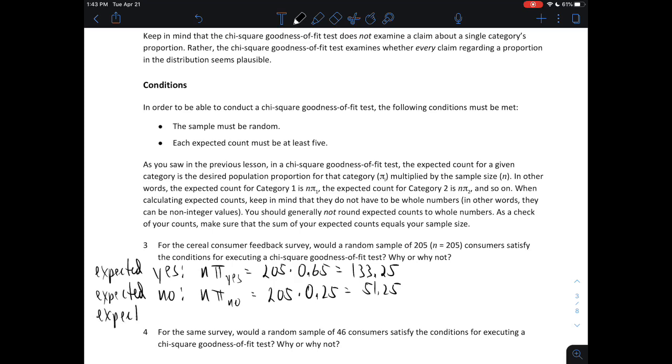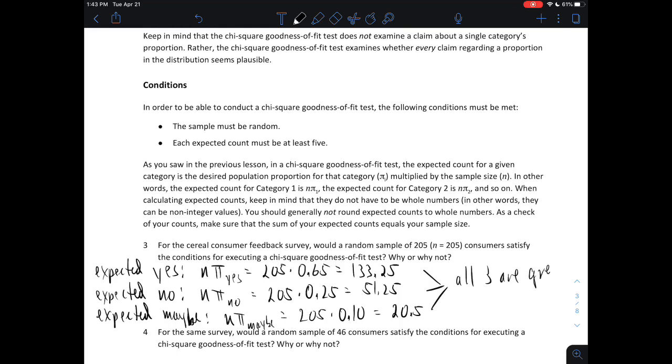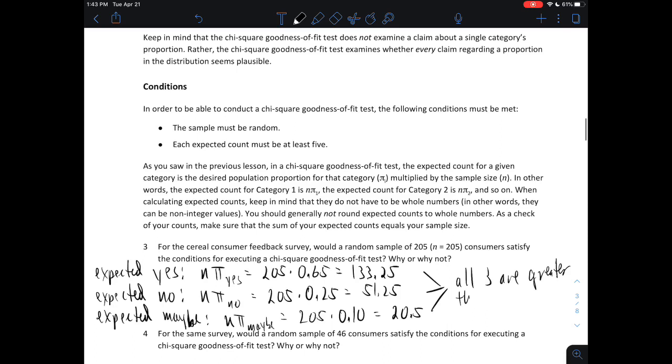So then finally the expected maybe, that would be our sample size n times pi sub maybe, which would be 205 times 0.10, so 10% of 205, and that is 20.5. Since all 3 of these are greater than 5, then we have that condition met.